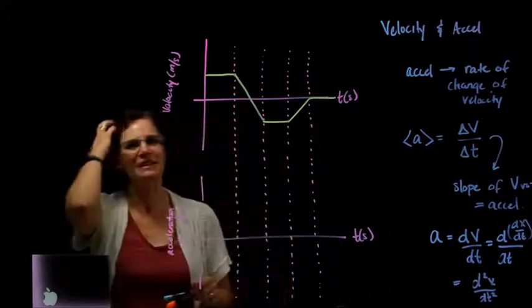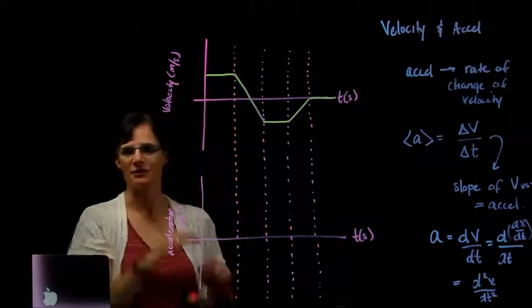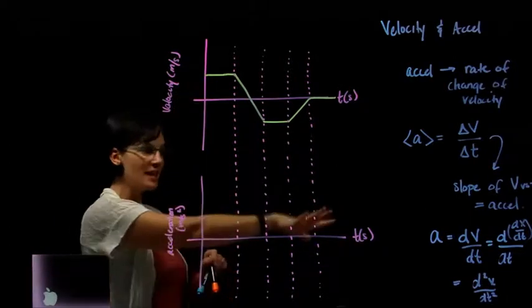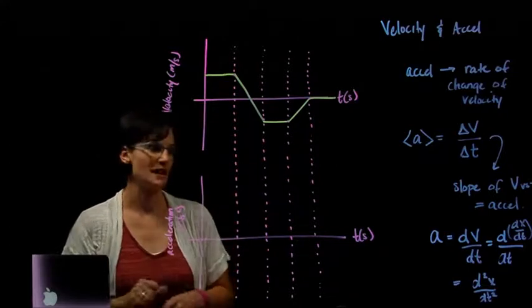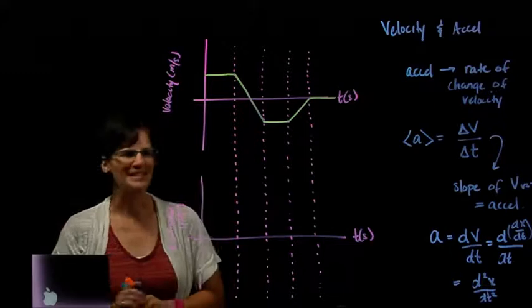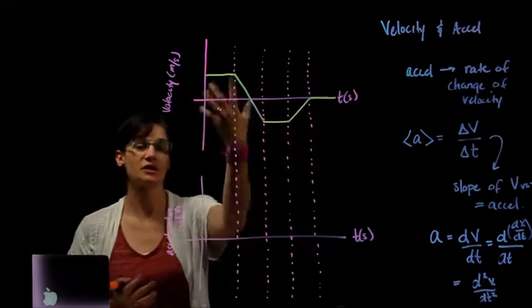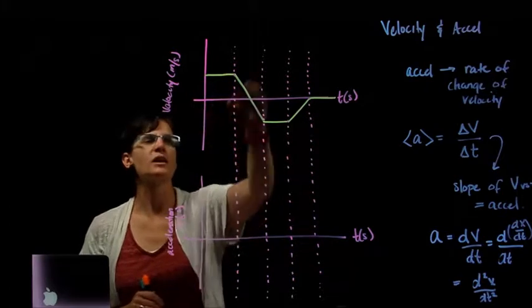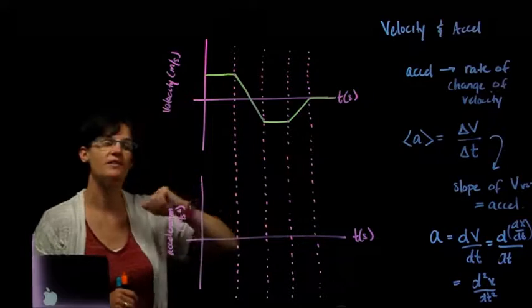So let's see if we can talk about what the object is doing in terms of acceleration by looking at the velocity versus time graph, and then use this idea of slope to represent that in the acceleration versus time graph, and we should see that that's consistent. So in this velocity versus time graph, and this is a good review of how to read these graphs, we are positive. We are moving in the rightward direction. We're above the axes.